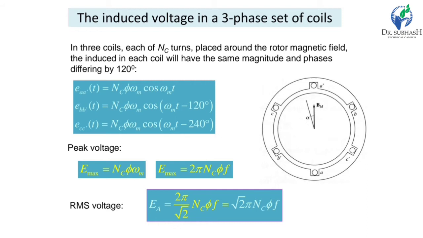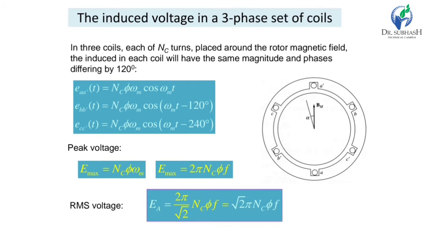The second equation is e_BB'(t) is equal to Nc phi omega_m into cos(omega_m t minus 120). And the third equation is e_CC'(t) is equal to Nc phi omega_m into cos(omega_m t minus 240).